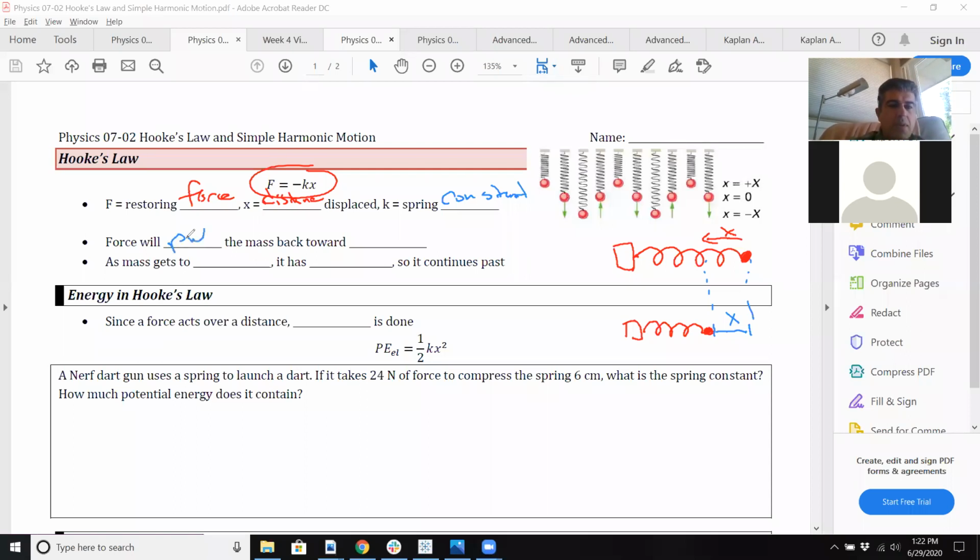Force will pull the mass backward towards equilibrium. Equilibrium is that happy balance when the spring is just laid out and it's not going back and forth.